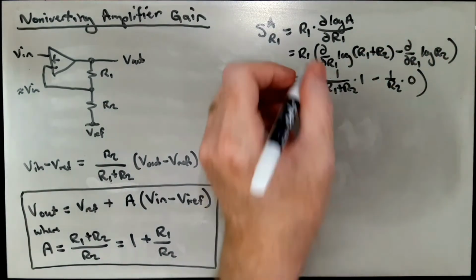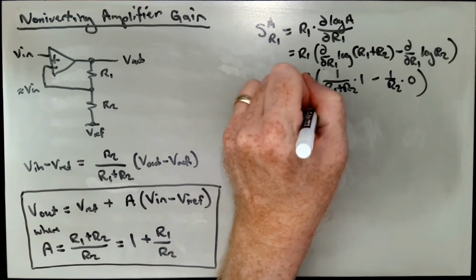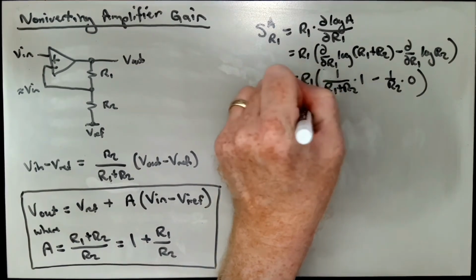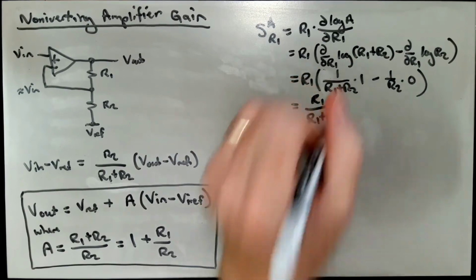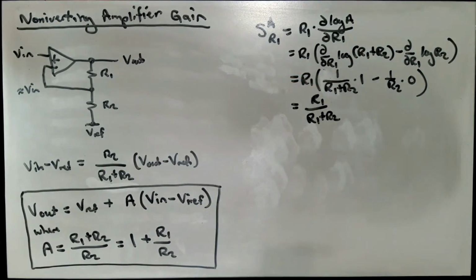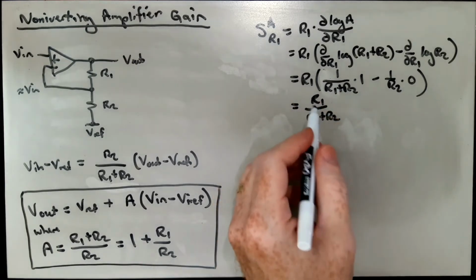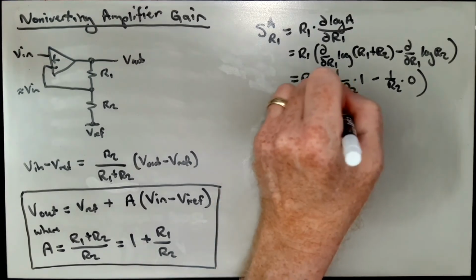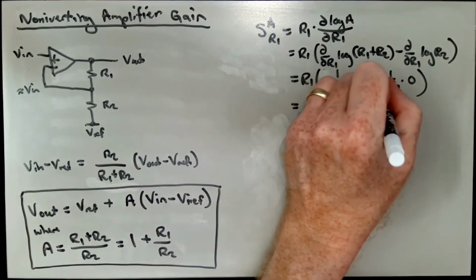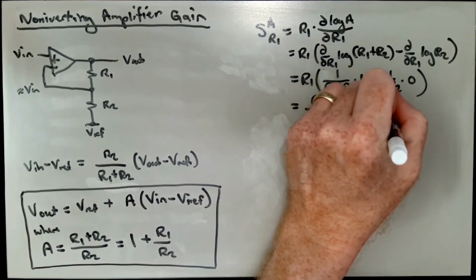Okay, so this is basically R1 over R1 plus R2. And we can try to express this in terms of the gain A, which may be more convenient, by noting that R1 over R1 plus R2 is equal to 1 minus R2 over R1 plus R2.